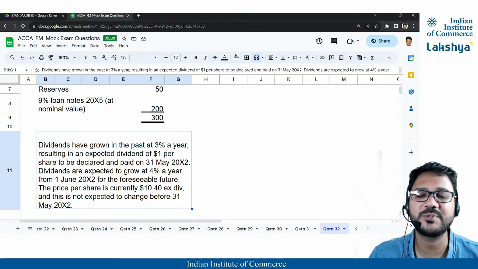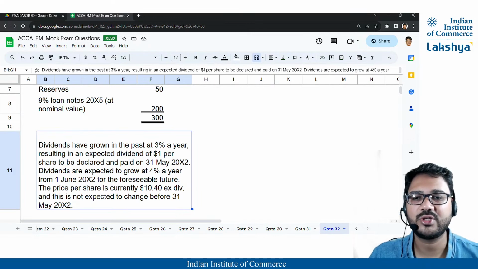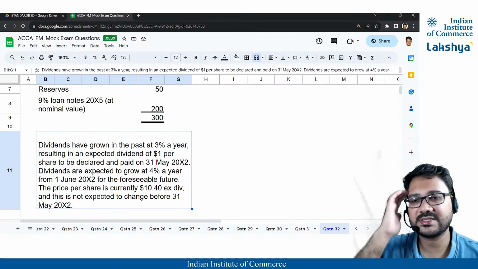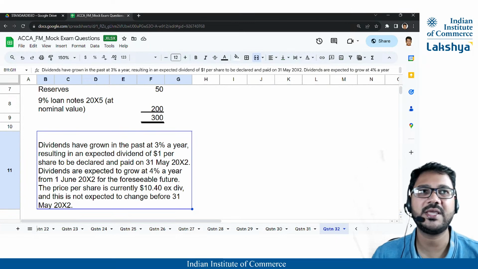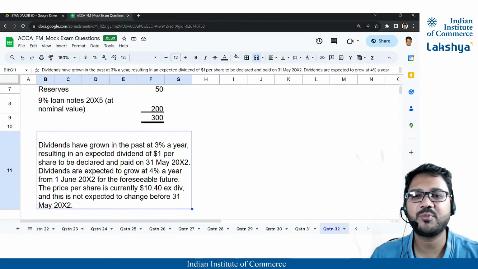So actually 3% is not our growth, 4% is our growth. The share price is currently 10.4 ex-dividend, which is not expected to change before 31st May. So our current ex-dividend share price is $10.4.